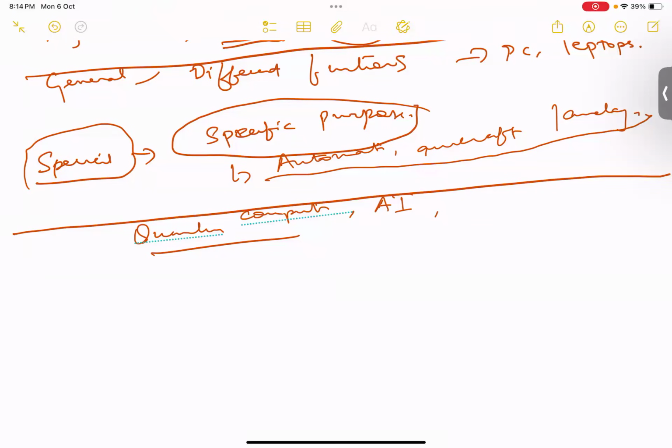Now, let's talk about applications of computers, okay? We all know computers come with a variety of purposes, right? It serves a number of purposes, and that is why it is used in different fields, right? The first and foremost we commonly see is banking, right? Banking in today's world is not like banking in ancient times.